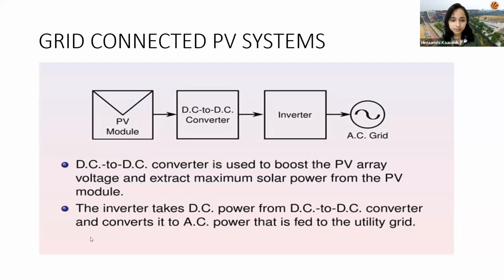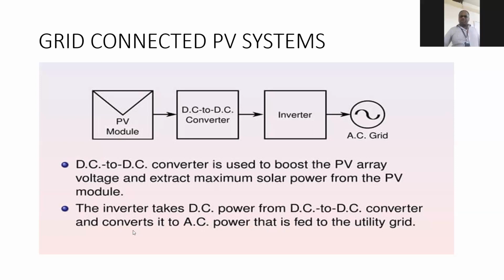I think within 5 minutes I will be able to complete. So, grid connected PV systems: a DC to DC converter is used to boost the PV array voltage and also to extract the maximum solar power from the PV model.